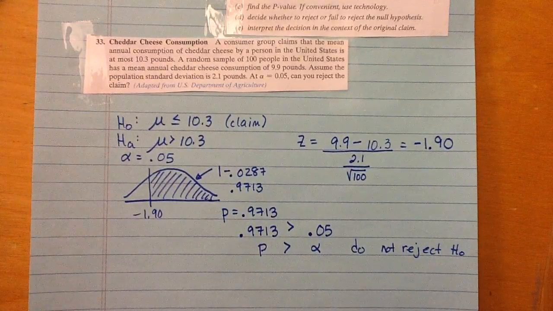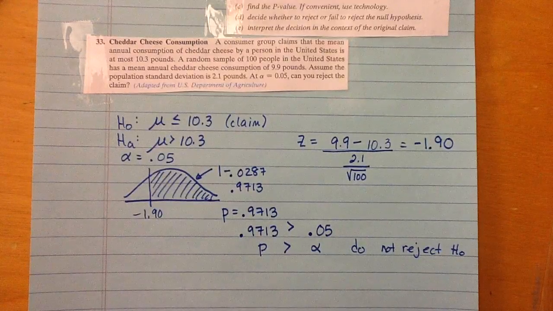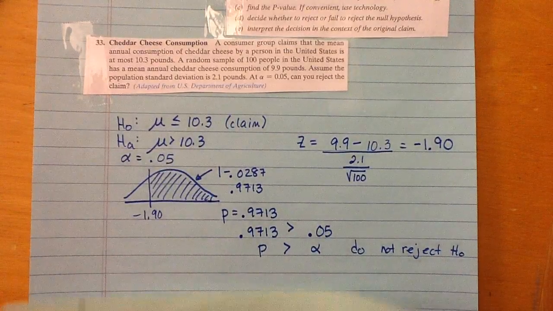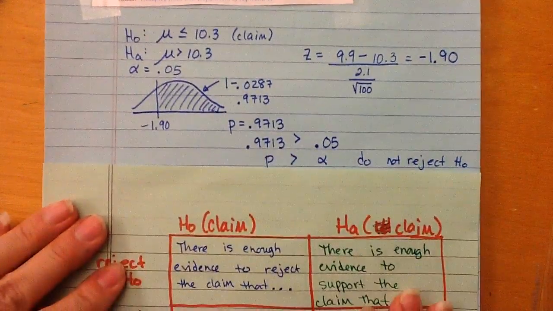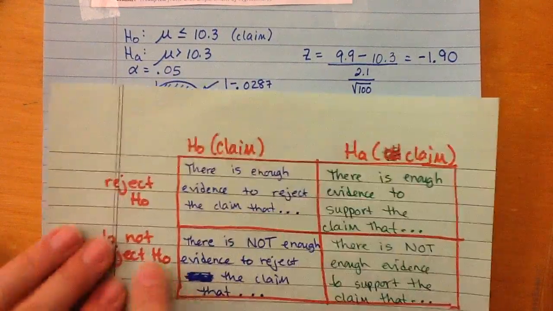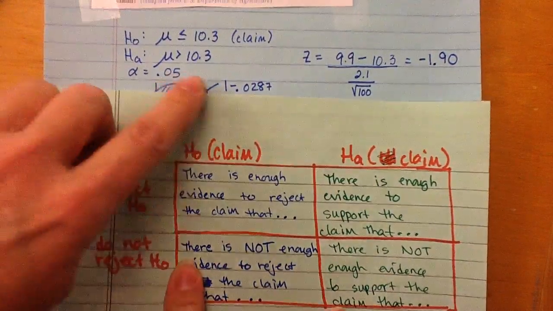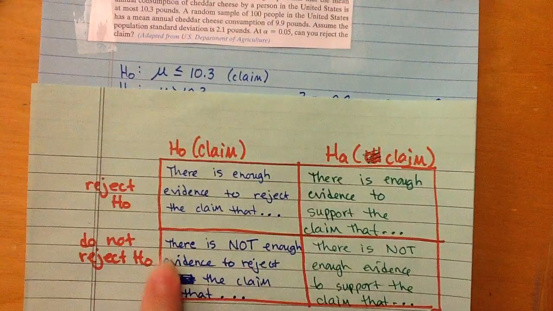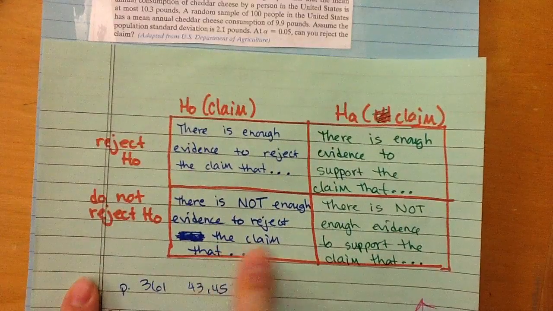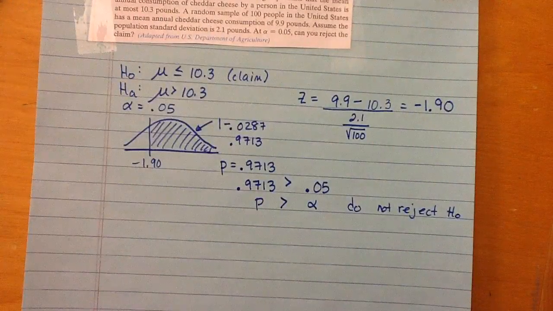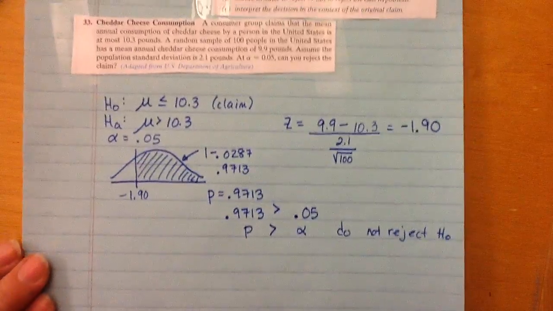So I'm going to go back to my table about decision making. And I decided not to reject, so I'm in this row here. H sub 0 was my claim. So I'm in this box right here, and I'm going to say there's not enough evidence to reject the claim. But I also want to throw in there my level of significance.